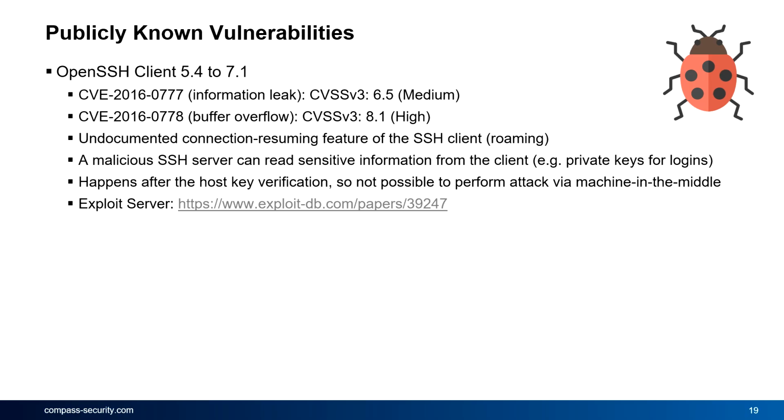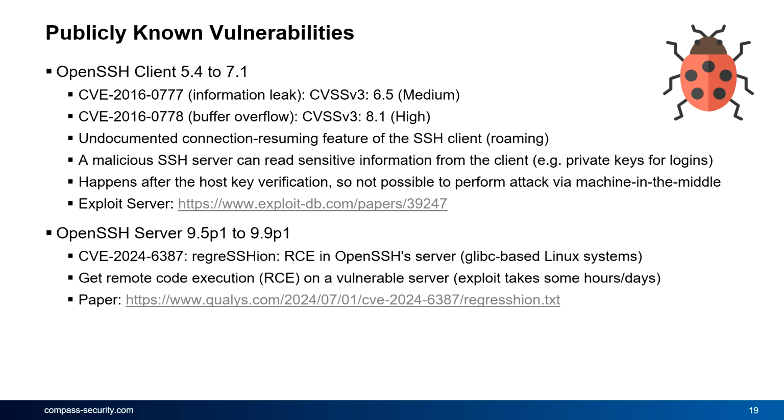This can only be exploited after the host key verification, so it would not be possible to just perform a machine in the middle attack and then read the sensitive information from the client. So a client first would have to accept the host key of the attacker, or a client would have to connect to a not trusted server that could then perform this attack.